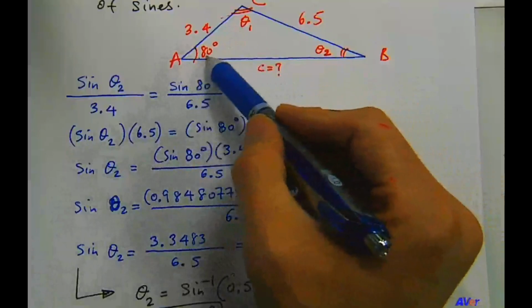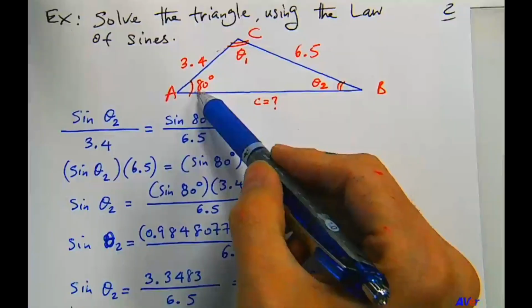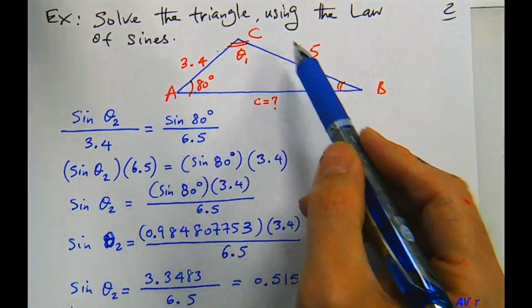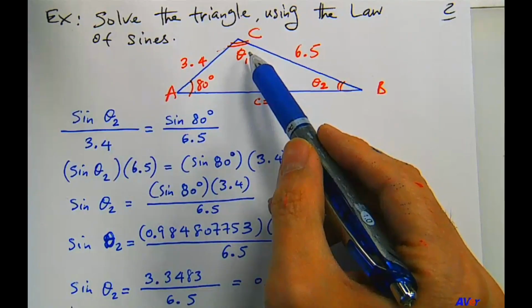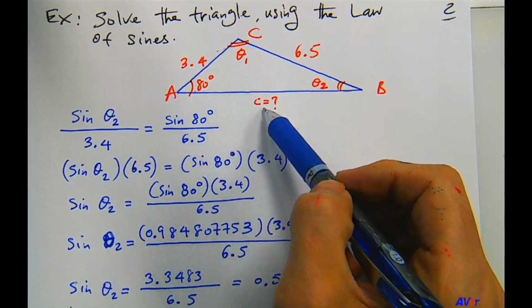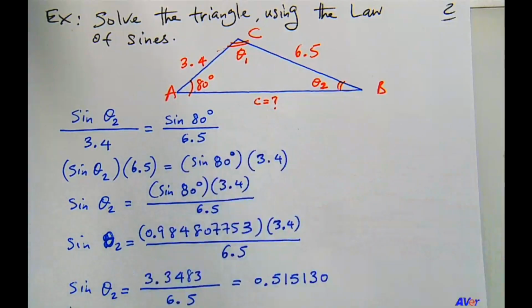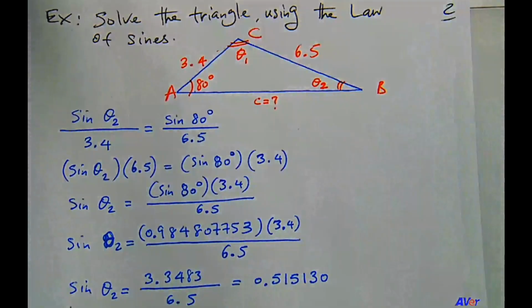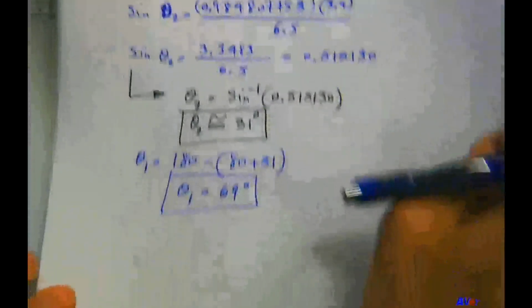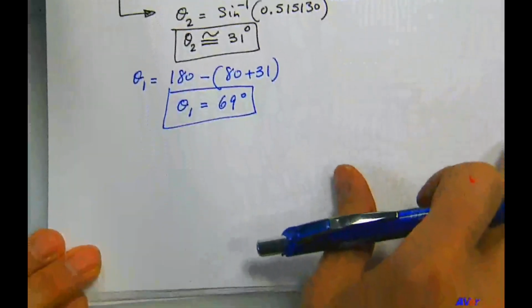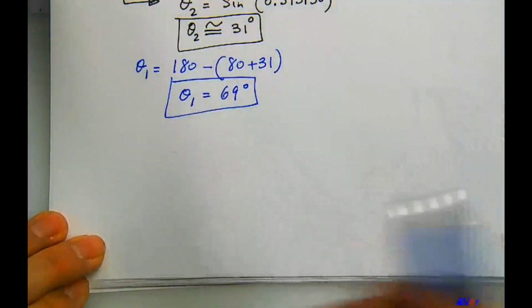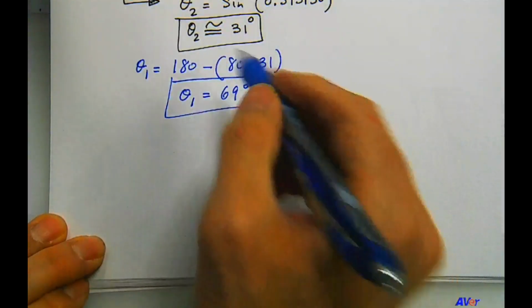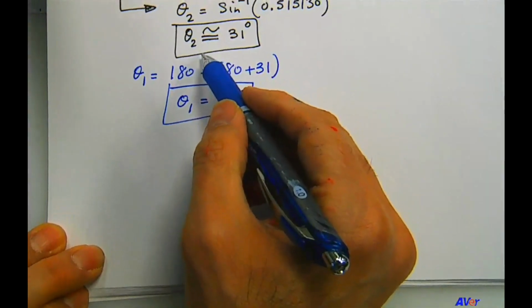We can go with sine of 80 over 6.5, then sine of theta 1 over this measure, angle C. So let's do that actually. Let's use the angle we just found. We'll use either theta 1 or theta 2. So I'll just use theta 1. If you use theta 2, you should get the same result.